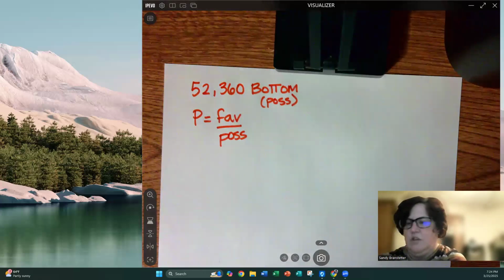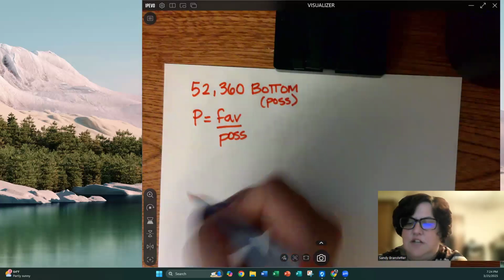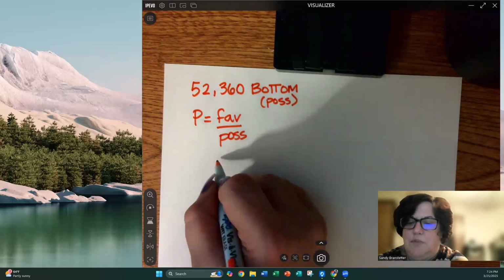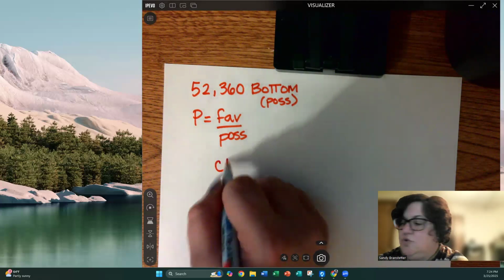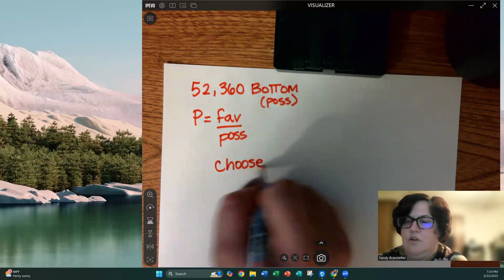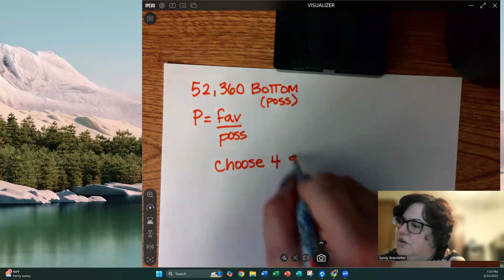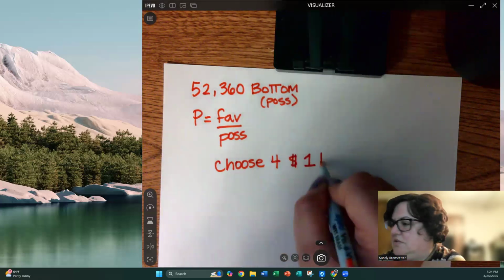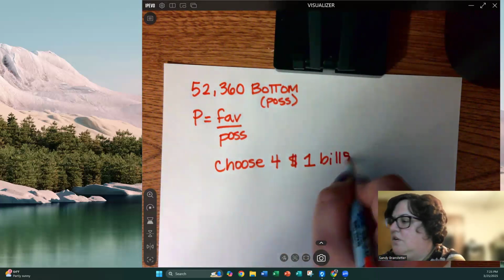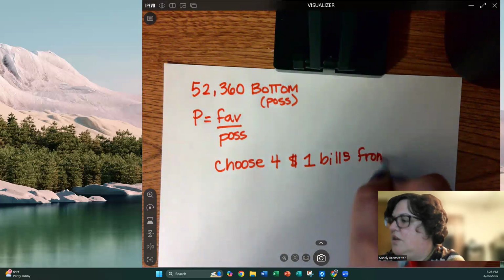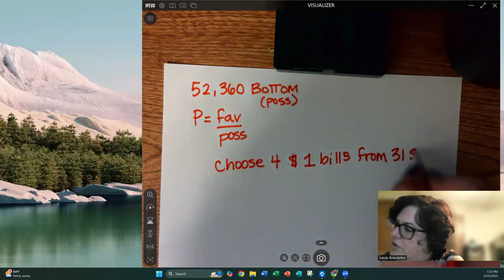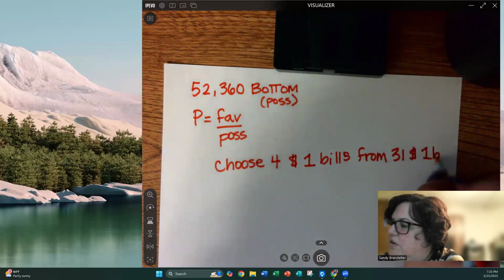Okay, so let's look at our next part. The probability that we choose 4 $1 bills from 31 $1 bills.